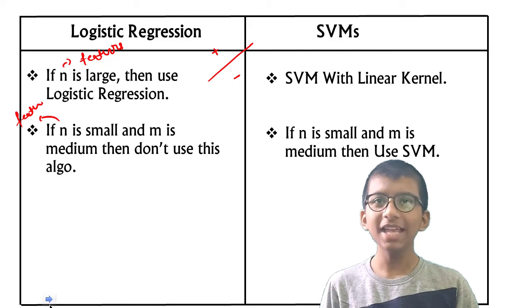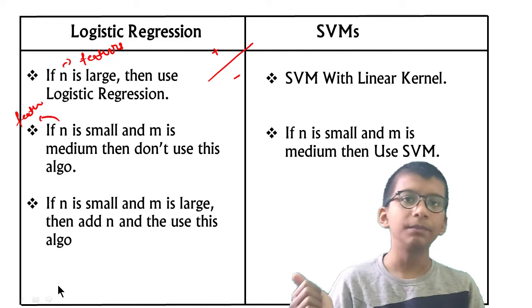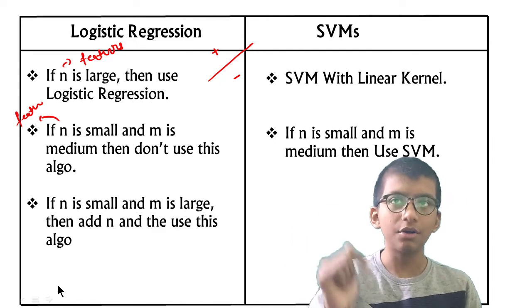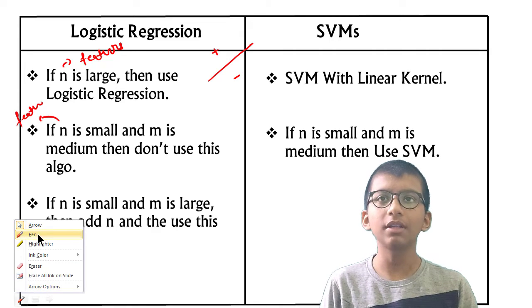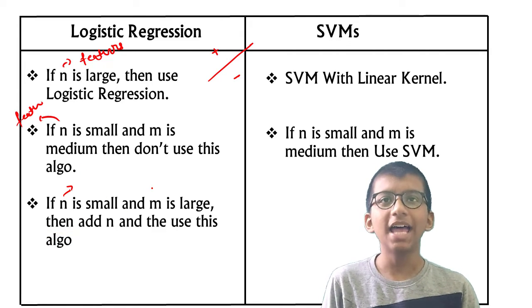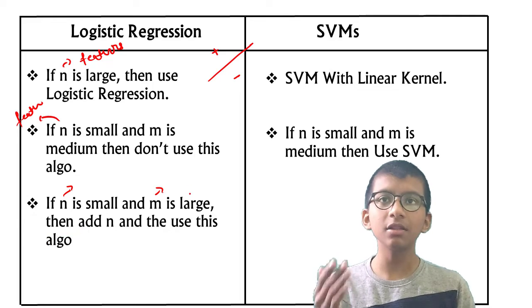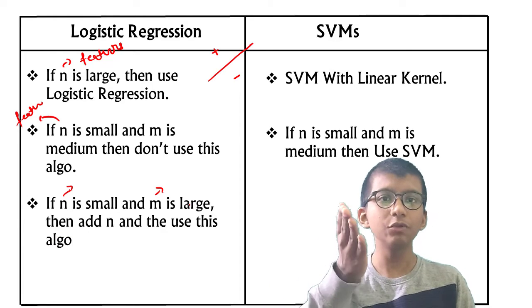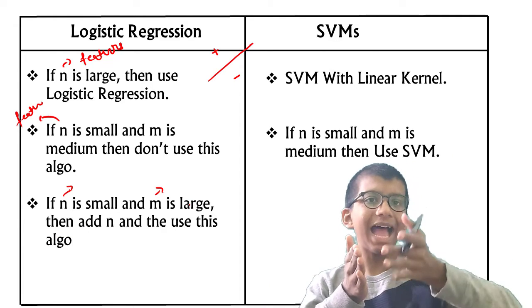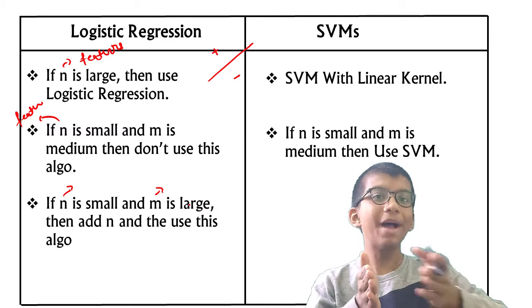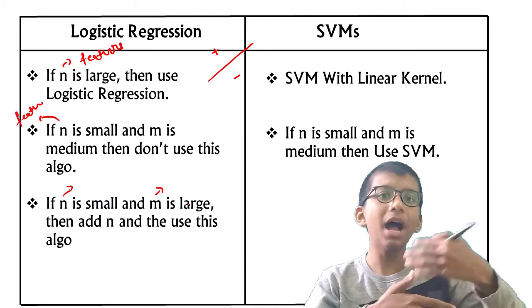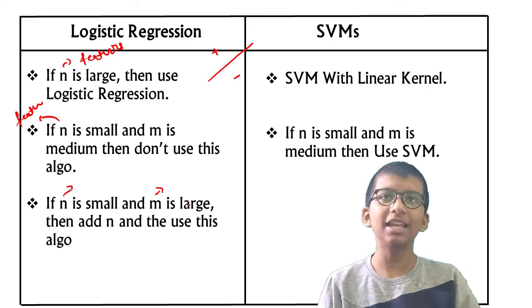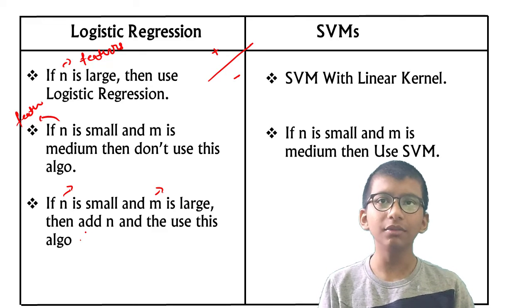Then we have, if n is small and m is large. If the number of features is small and the training examples are large, then you have to manually add features, or polynomial features, and then use the logistic regression algorithm.